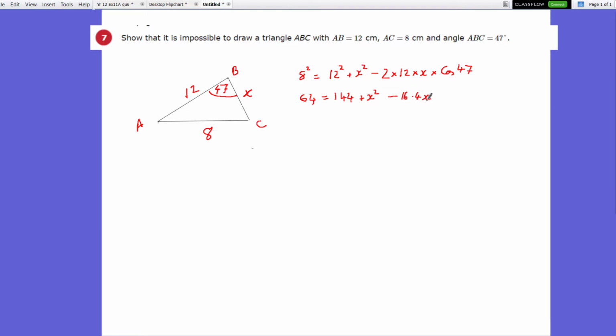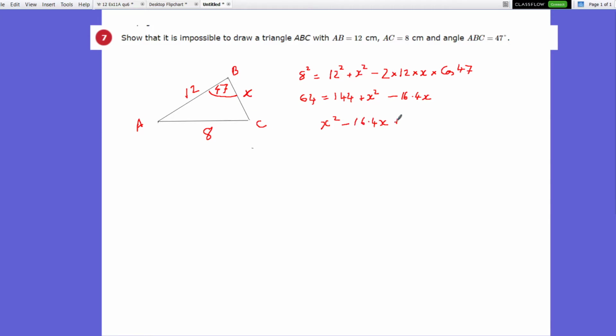x. Okay, so we've got a quadratic. I'll bring all that to the other side. So I'm going to get a quadratic in this form where I'm going to get x squared minus 16.4x. Now I've got 144. If I subtract the 64 to the other side, I'm going to get plus 80 remaining.